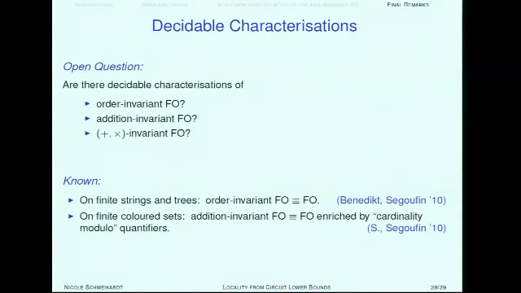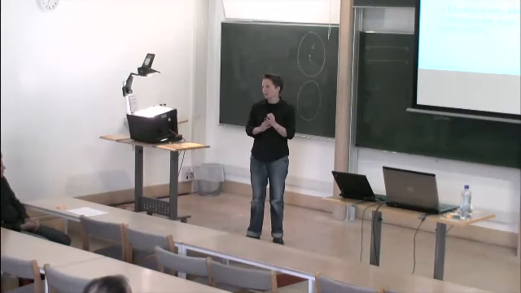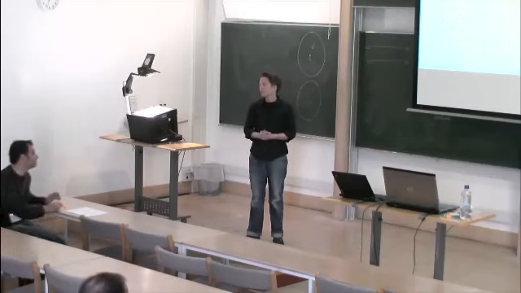We know that on finite colored sets, so no edges but just colors on a finite set, addition-invariant first-order logic has exactly the same expressive power as first-order logic enriched with modulo cardinality quantifiers. So you can express what you can express in first-order logic, and you can say the size of the universe is even or odd or congruent 5 modulo 17. But just for the size of the universe, not for the size of the individual colors. Okay, and that's it. Thank you very much.